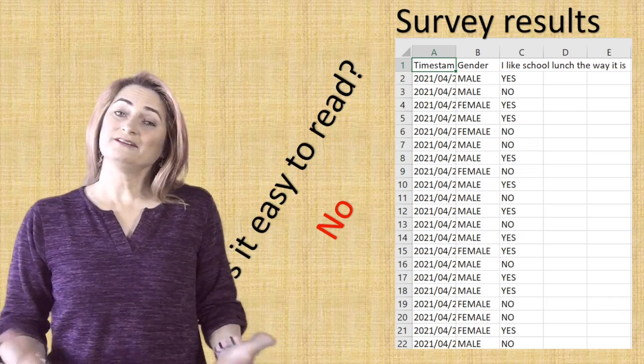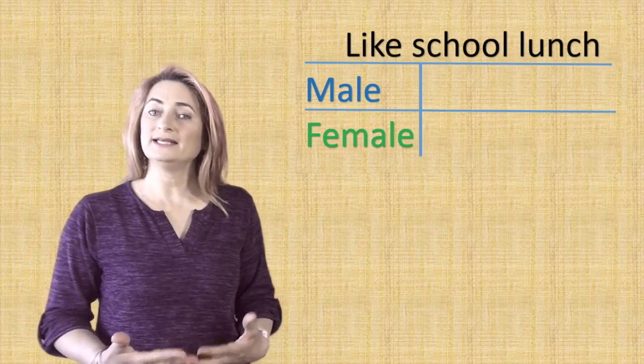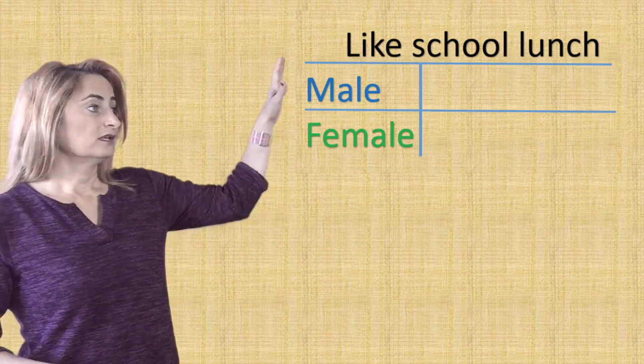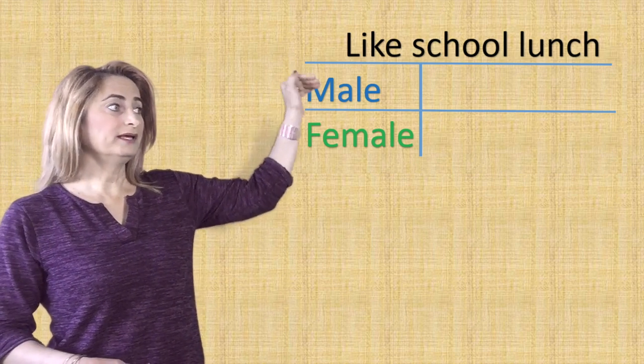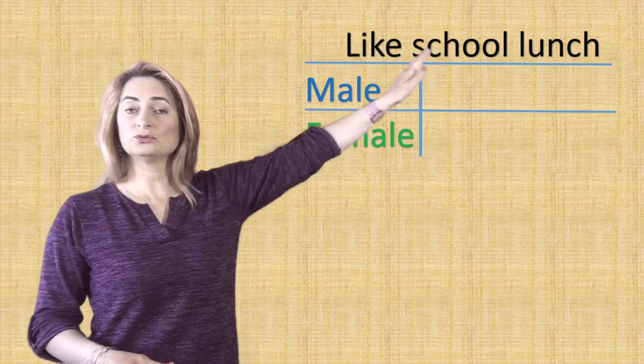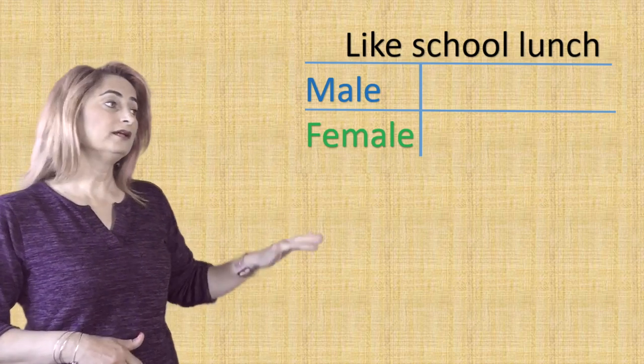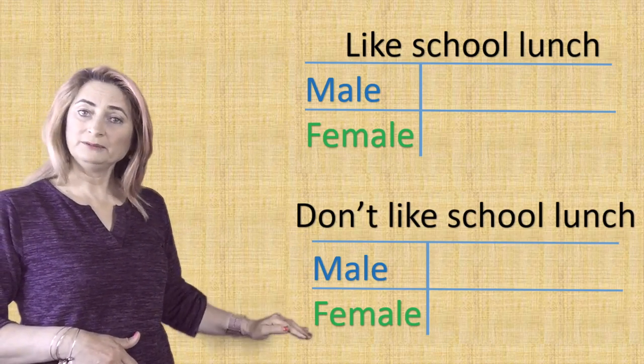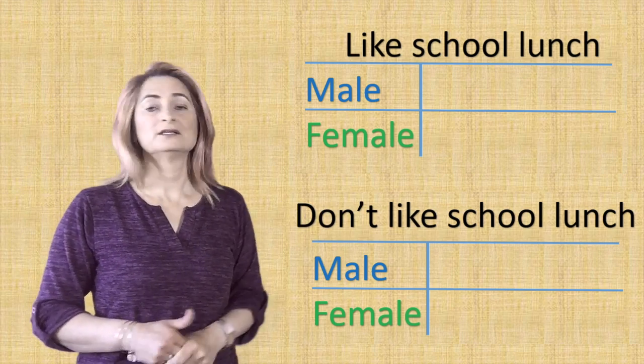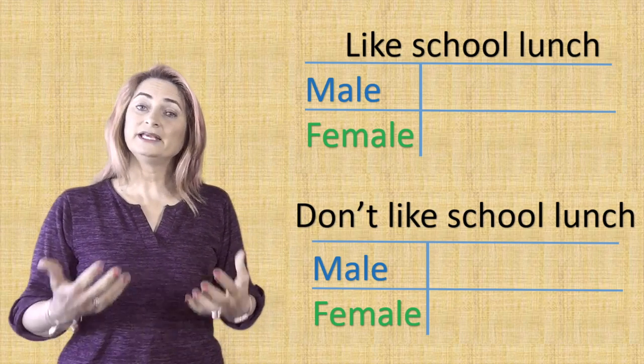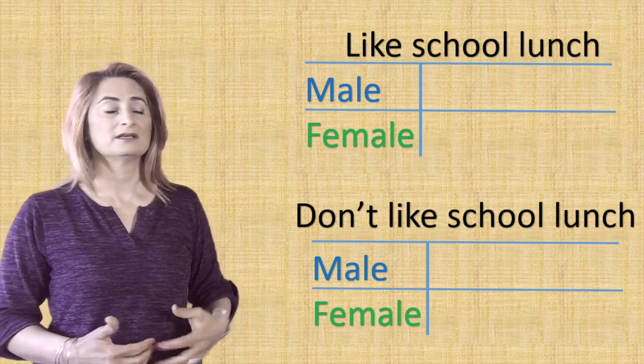So I took the data from the spreadsheet and I organized it in a table. This table shows the male and female who like the school lunch the way it is, and then another table for the male and female who did not like school lunch. And then I counted using tally marks.